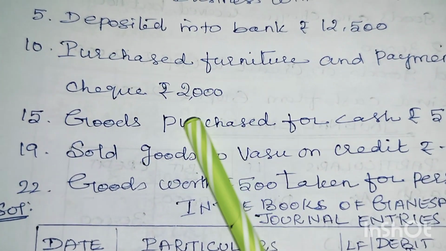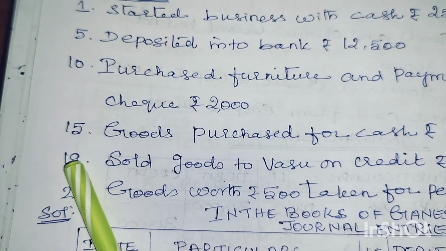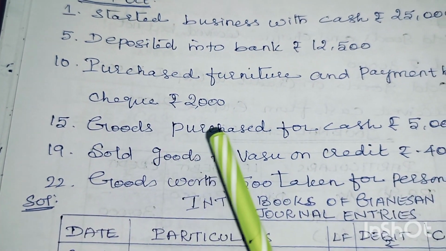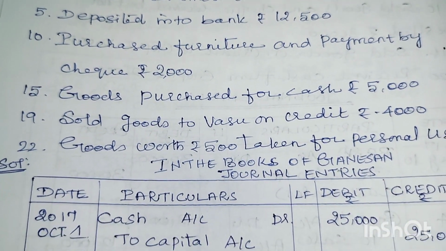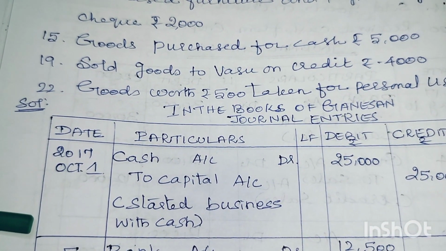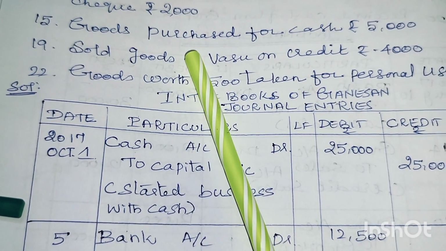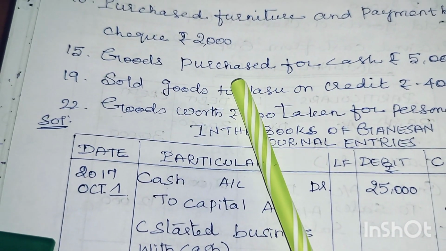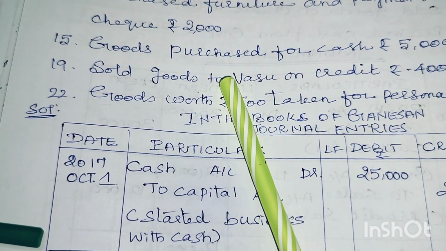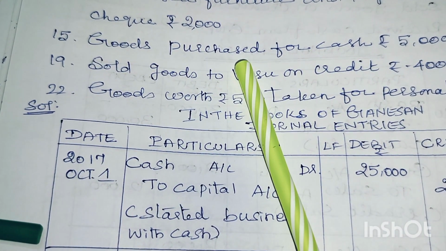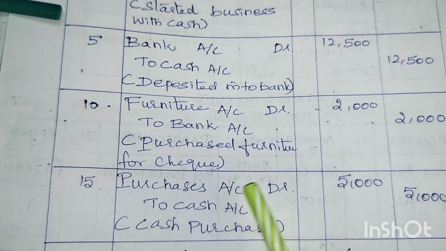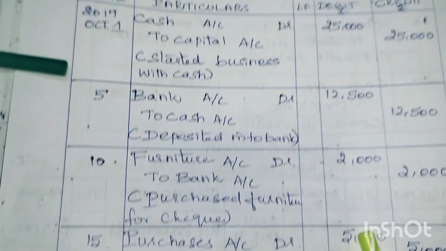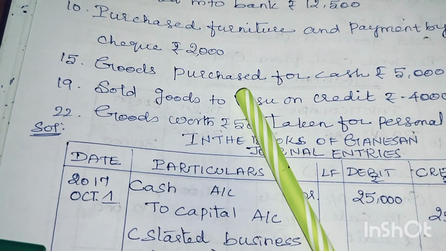Okay, what is the next transaction? On October 15, goods purchased for cash rupees 5,000. So what accounts are affected here? Two accounts are affected here, that is purchases account and cash account. Purchases mean expenses, all expenses are debited, so we debit the purchases account 5,000. How did you make purchases?